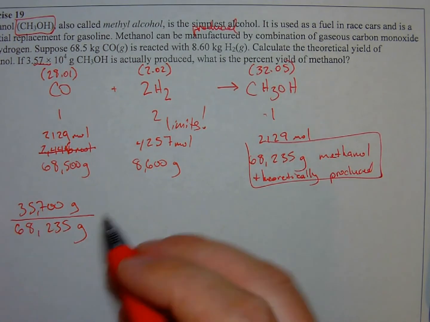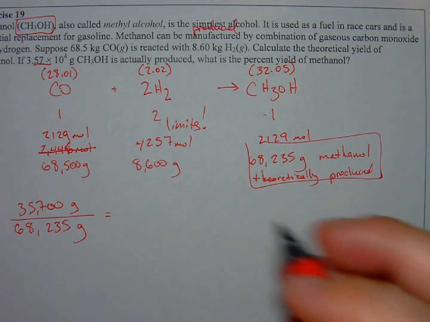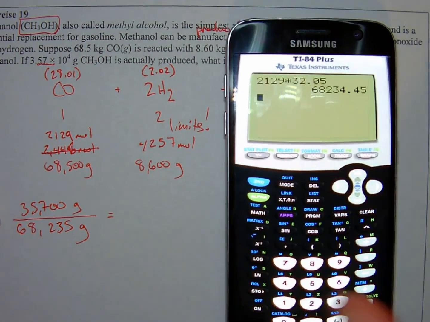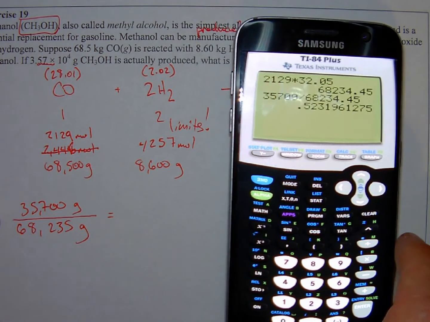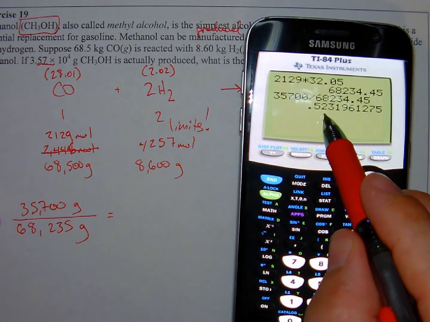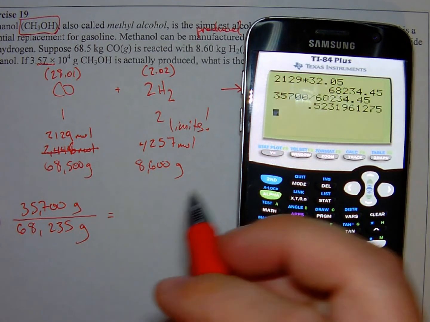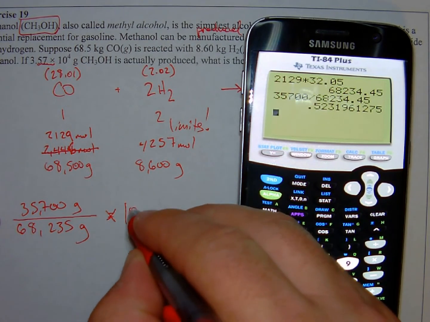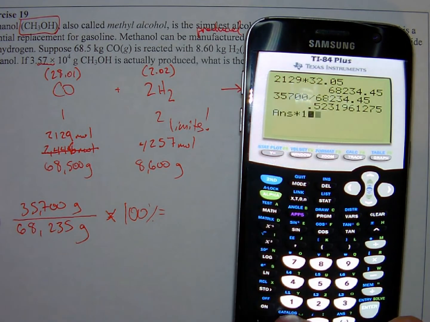Not quite, but pretty close to half. Let's actually double check here. 35 divided by my answer, and I get 52. Actually, let's not forget, I gotta multiply by 100%, because I made that point earlier. So let's multiply by 100.